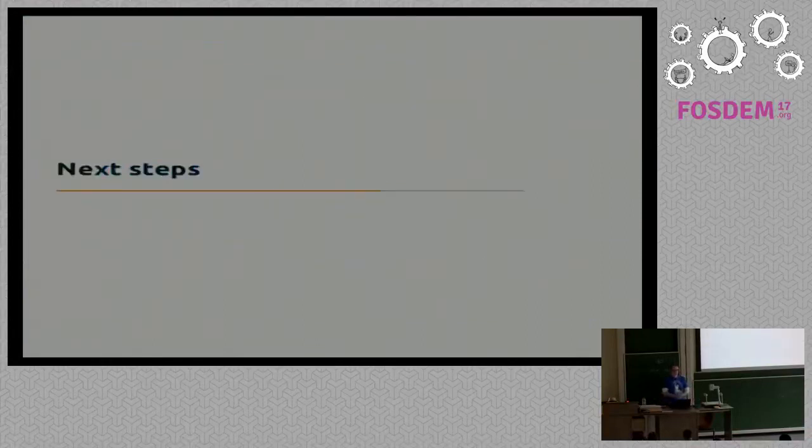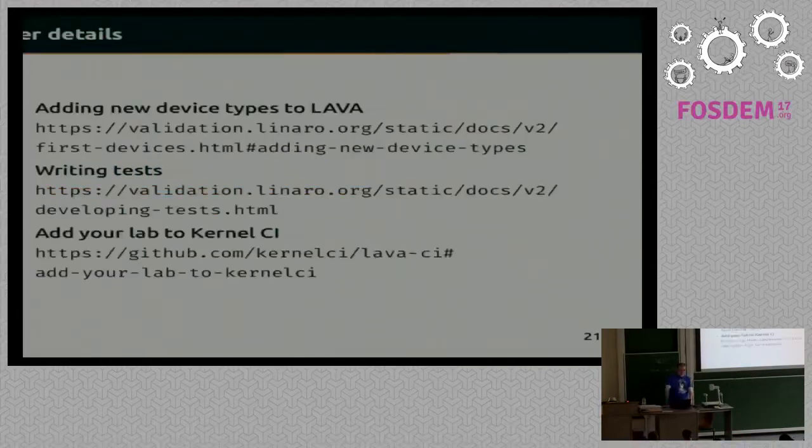Once you have it all set up, you might consider your next steps. One of the possible follow-ups to setting up a new Lava laboratory could be adding completely new device types to Lava, this time actual, physical devices.